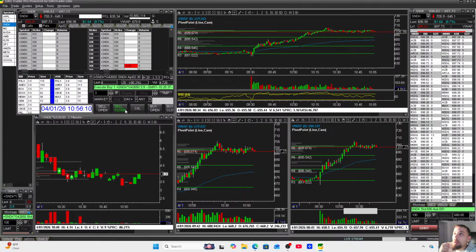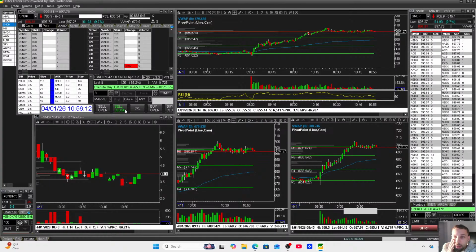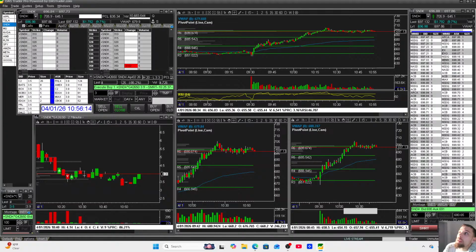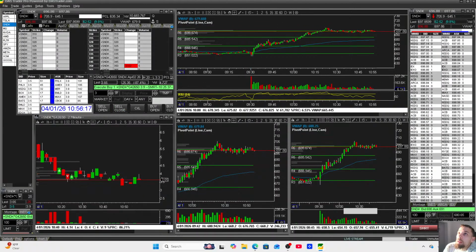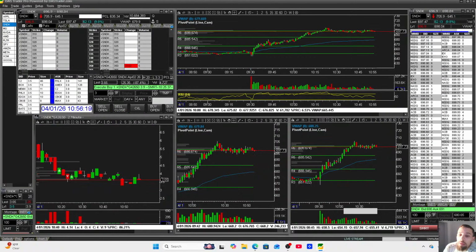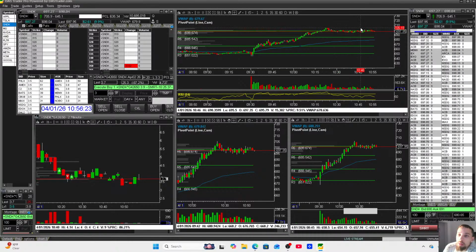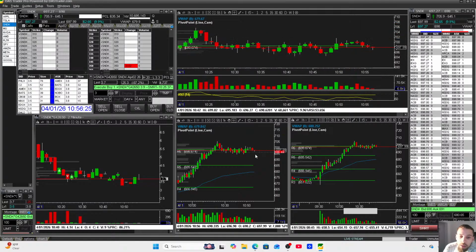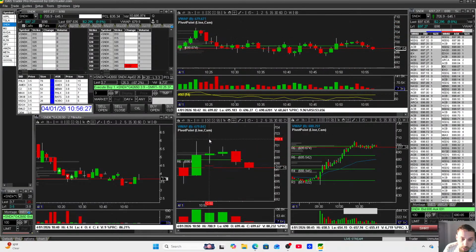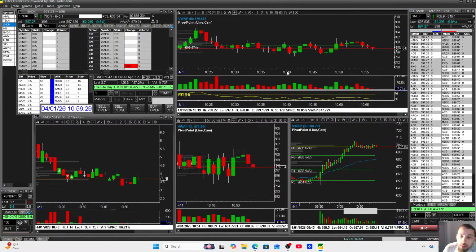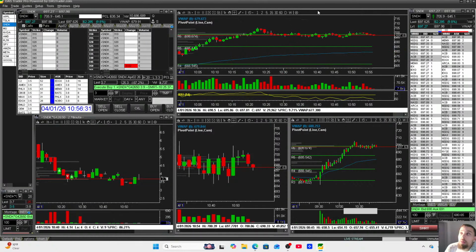Okay, the big order just popped up on the level 2 at 703. 702 and 703, which is above here, right above this candle. So we'll see if price is gonna squeeze up to there.